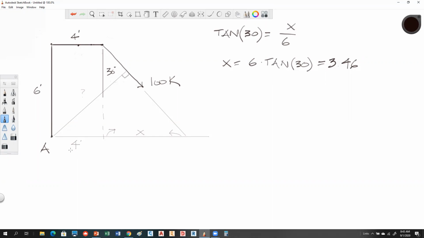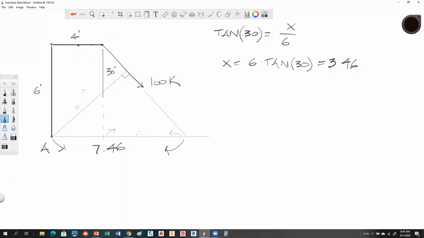So by knowing this is 3.46 and we add that to that, what we'll get is this total distance on this triangle from here to here is 4.46. Wait, I added the 4 plus the 3.46, so it's 7.46.